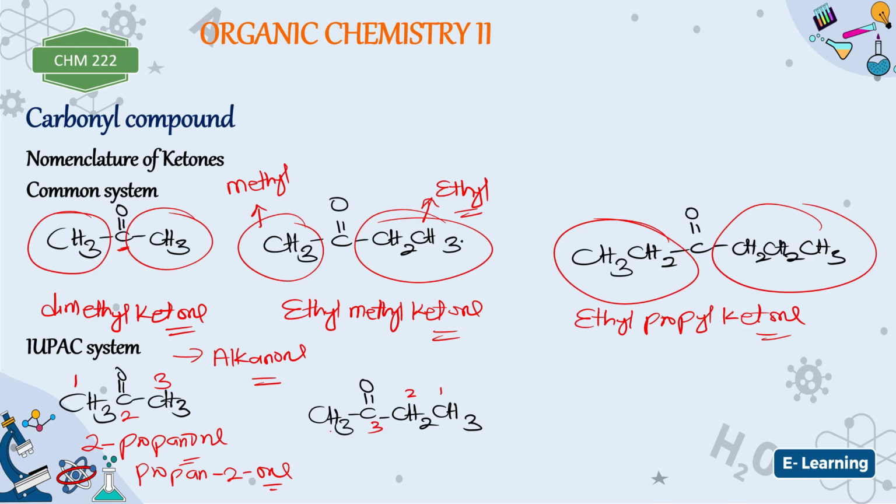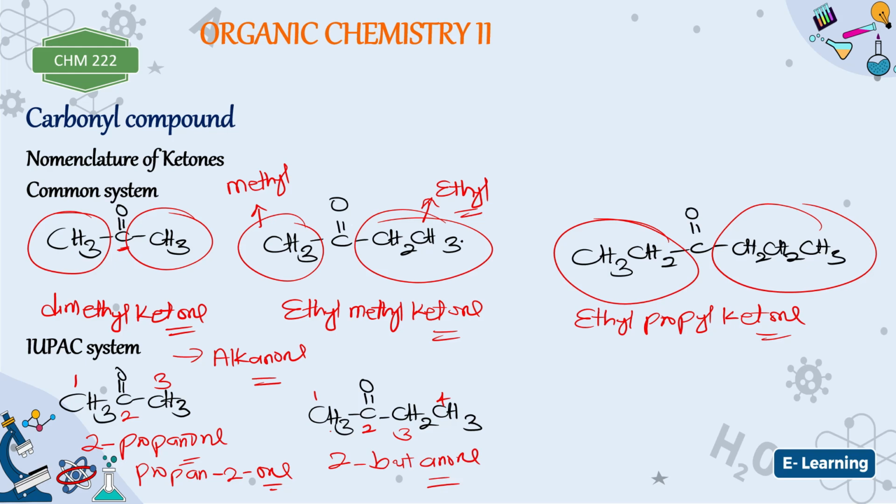That will not work, because you can number from here 1, 2 in such a way that this carbonyl group will be at position number 2. So this is also 2. Number of carbons 1, 2, 3, 4. So you say this is 2-butanone. Is that okay?